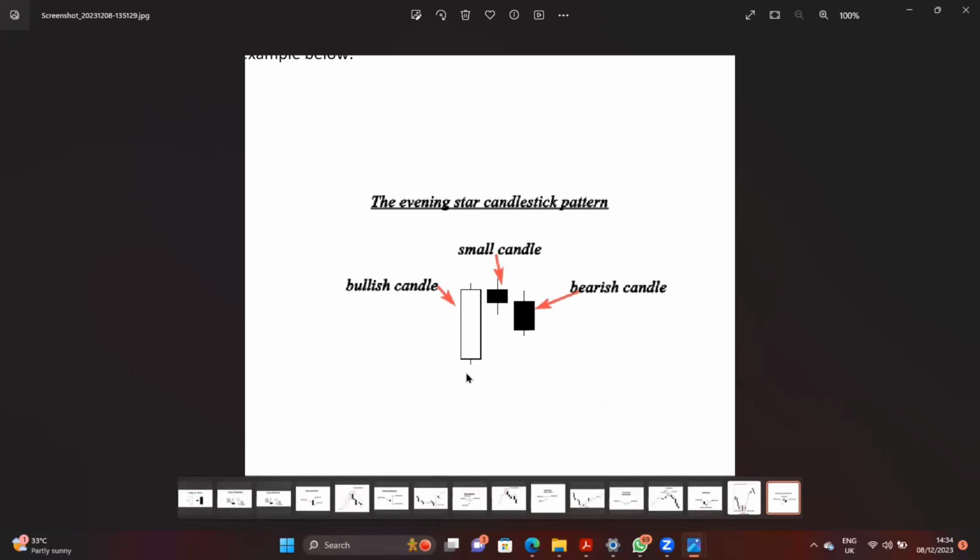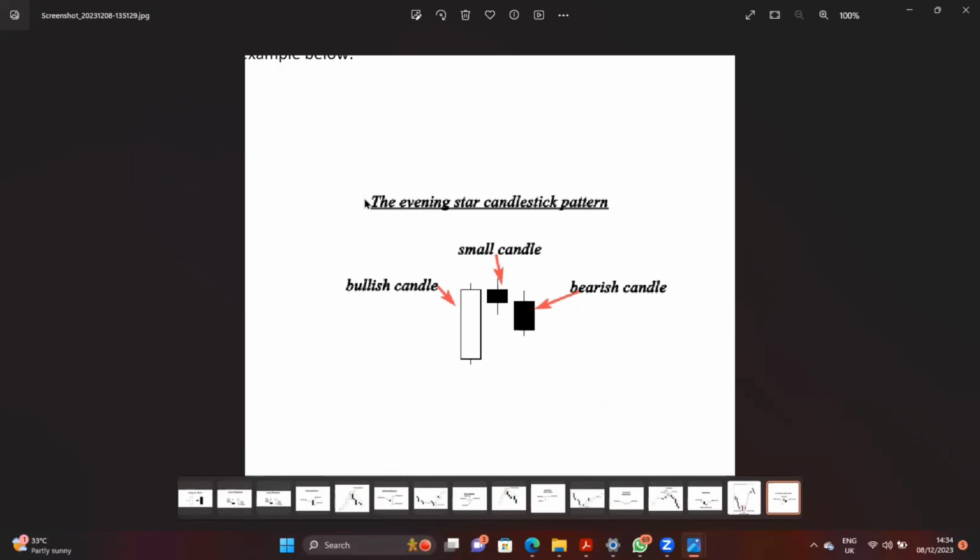Bearish and bullish. So we've talked about the bullish candle, which is the morning star. Let's look at the evening star before we call it a section. All right, now, this is called the evening star candlestick pattern. Make sure you are taking note of all of this. It is very important.